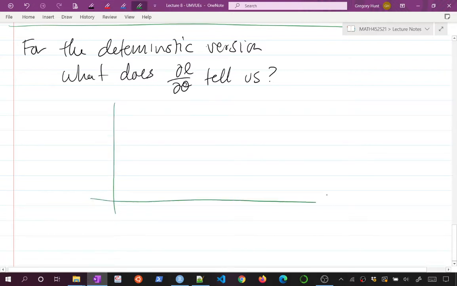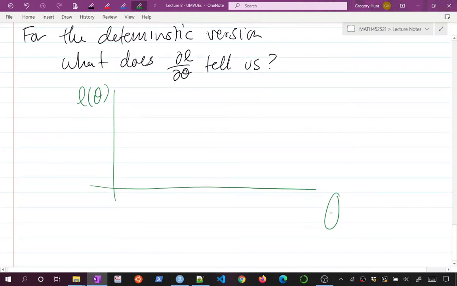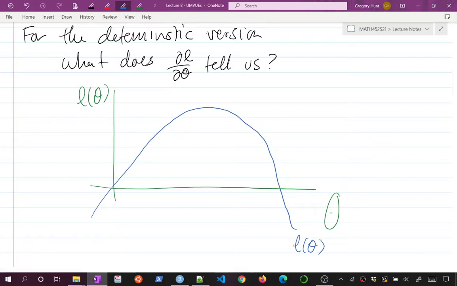Let's imagine that we calculate dl d theta over our whole space of possible thetas, capital Theta, and we'll plot L of theta, maybe our log likelihood function, over my possible values of theta. Maybe this is what it looks like. We don't know what the true value of theta is, but we can observe this deterministic version. If I were to look at some value, maybe this over here, this is theta 1.